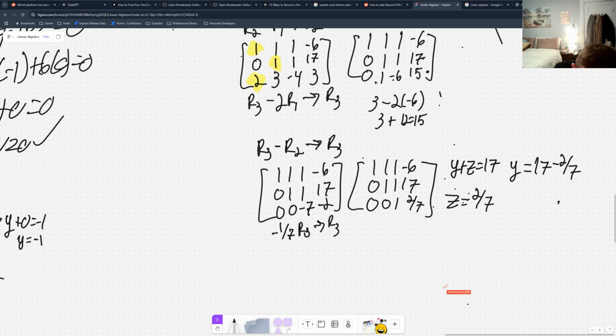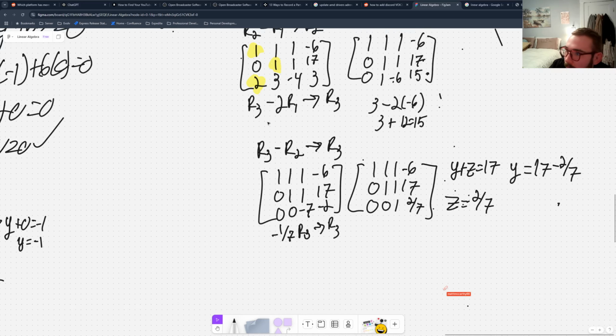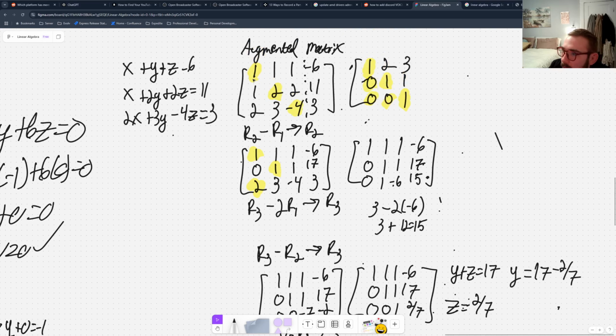And yeah, so let me check our work, because I'm suspicious, right? We did R2 minus R1 into R2. So we did 1 minus 1 is 0. 2 minus 1 is 1. 2 minus 1 is 1. And 11 minus negative 6 is 11 plus 6 is 17.